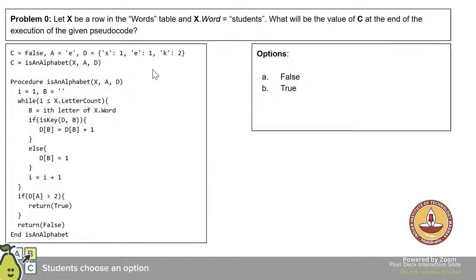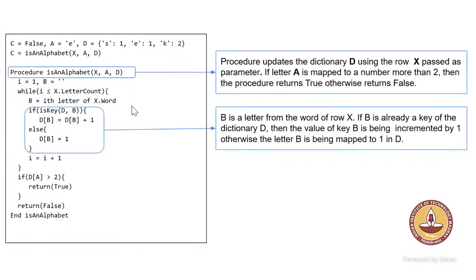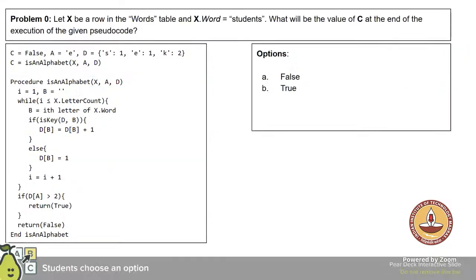You will get one more key, and that will be mapped to 1. Same for D in student: D is not a key, so the dictionary D will be updated. You will get one more key-value pair, D will be updated to 1.